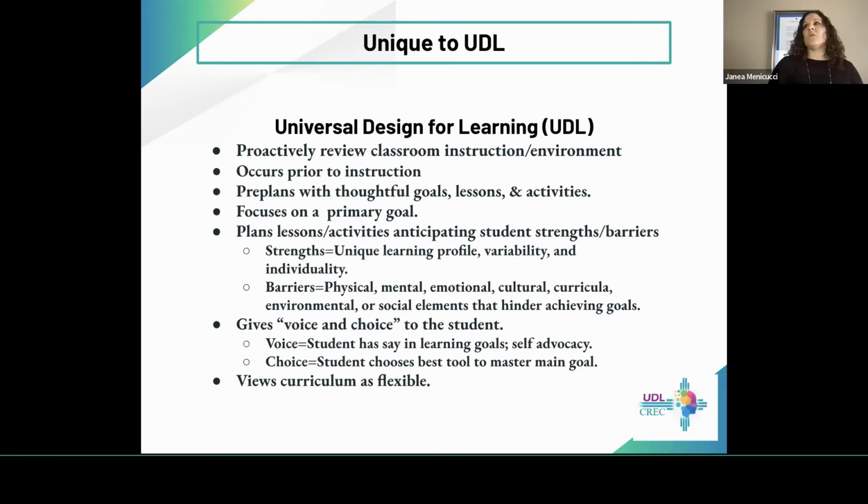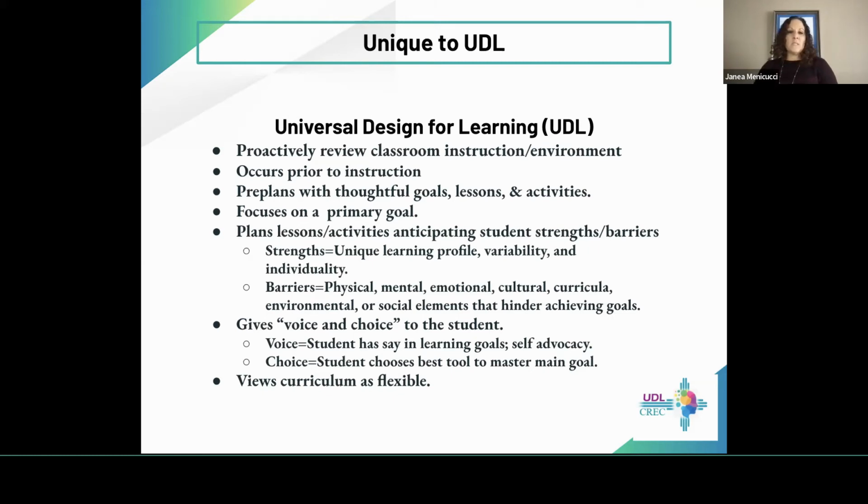Okay. So if we look here, what is unique to Universal Design for Learning? In Universal Design for Learning, we are proactively reviewing classroom instruction and the environment. We prepare plans with thoughtful goals, lessons, and activities. We really try to focus on a primary goal.